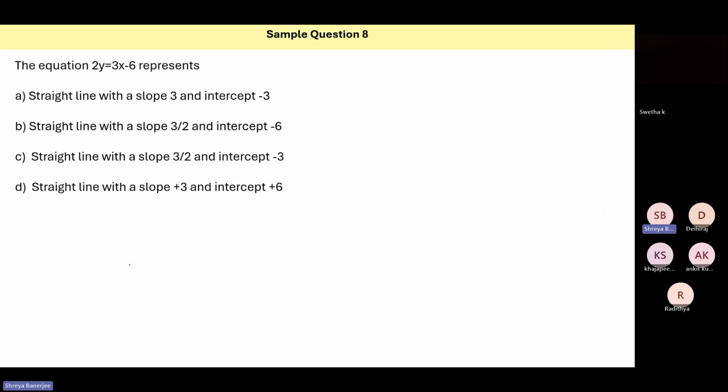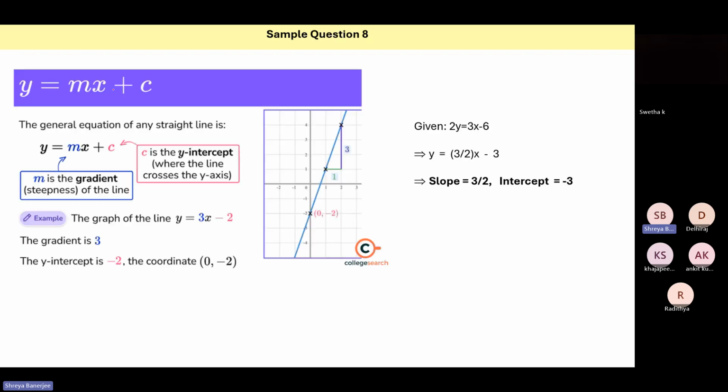Then this one, I'm not sure why it was included in the assignment. This is just an equation of a straight line, y equal to mx plus c. The equation given is 2y equal to 3x minus 6.